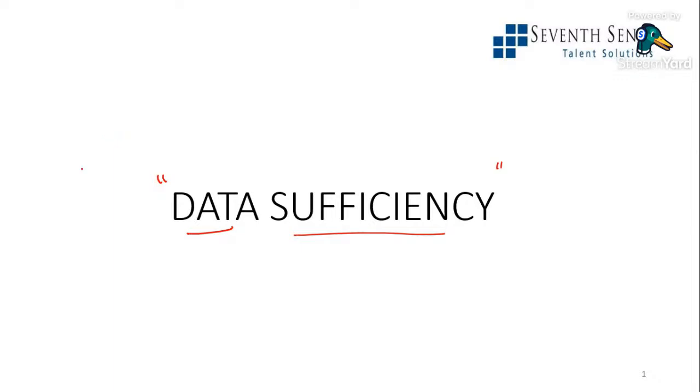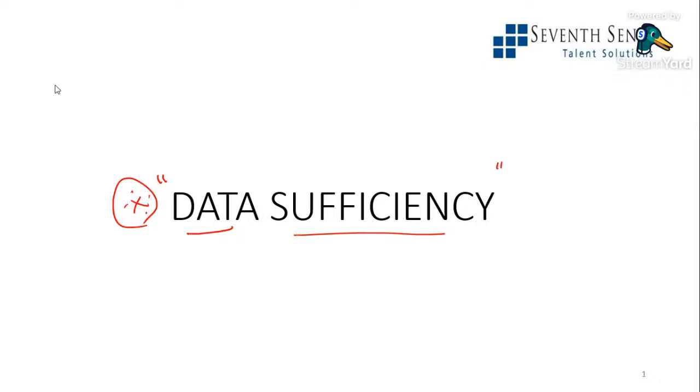So guys, this data sufficiency is a very important topic. To solve any question on data sufficiency, you need all the topics. They might ask you questions from blood relations, or from coding and decoding, anything.